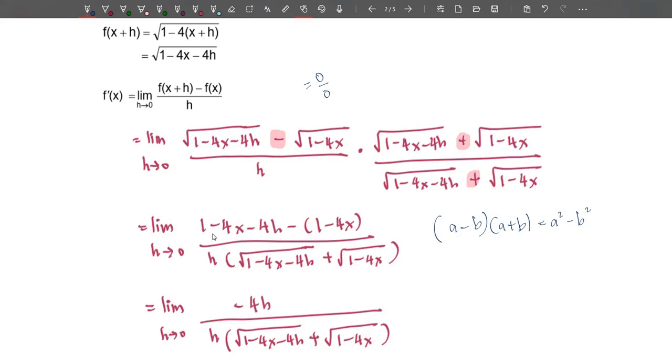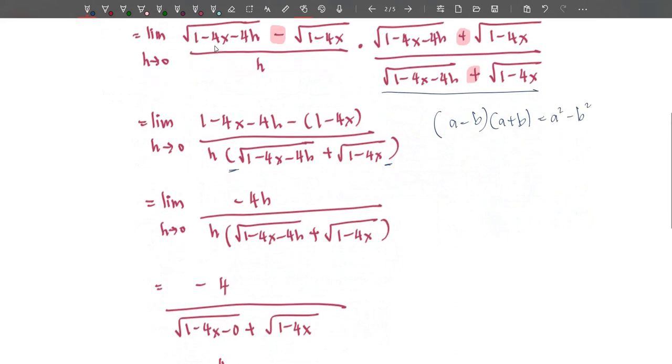Since the one we want to expand is only the numerator, for the denominator just rewrite them all together, and remember this part here should be written in bracket like this. Then 1 minus 1 is 0, negative 4x and negative 4x, it's gone. So we are left with negative 4h divided by h in bracket this term.